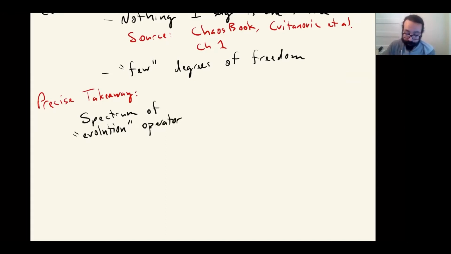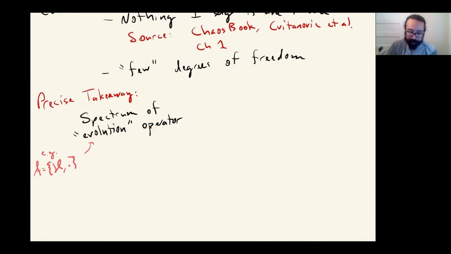Here, in, say, Hamiltonian mechanics, we would have an evolution operator that is just taking a Poisson bracket with a Hamiltonian. This is the evolution operator in classical mechanics, or really it's the infinitesimal generator of time translations in classical mechanics. So this is what I have in mind when I say time evolution.